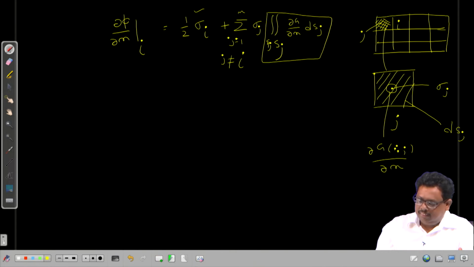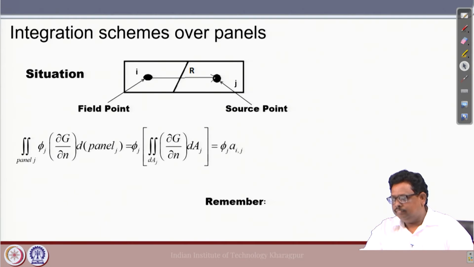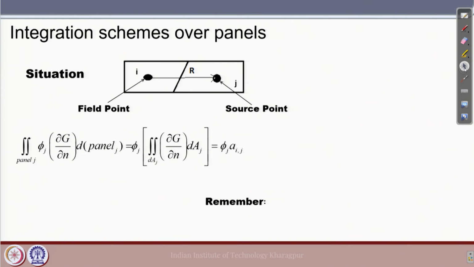So, that is why now let us go back to our main slide. Here, I am writing that this is in panel j, it should be sigma j. Let me just correct this one here.